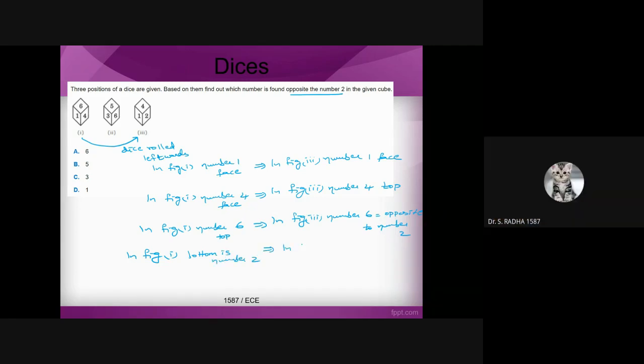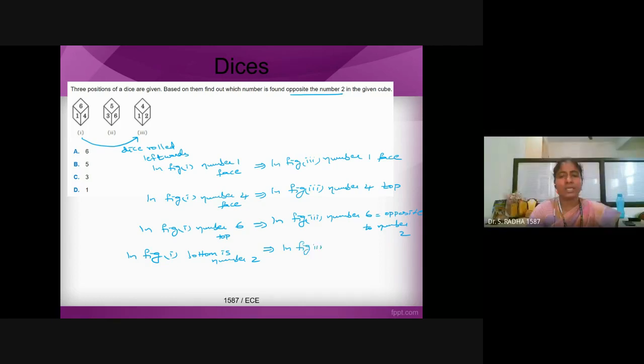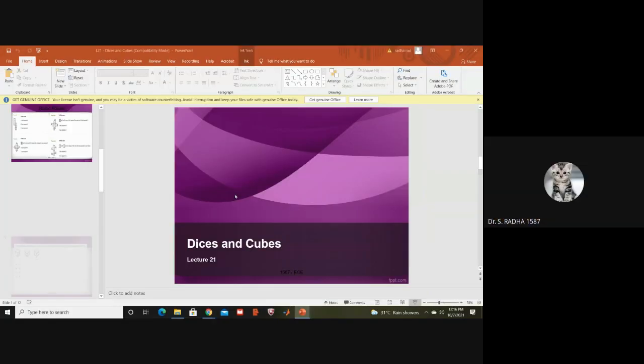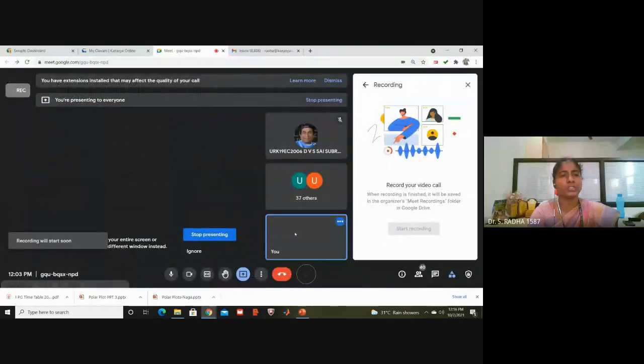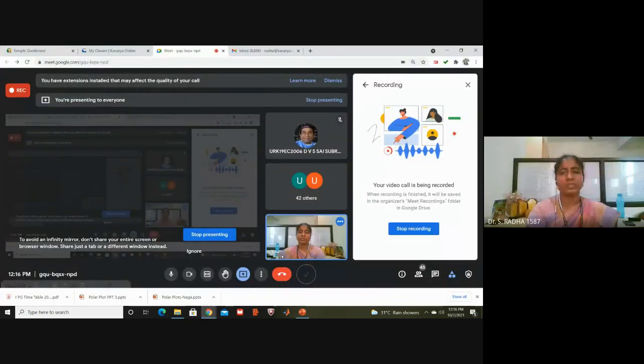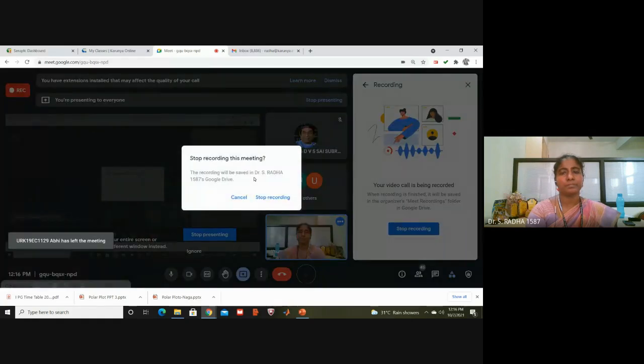When rolling takes place in figure 3, number 2 is one of the faces. So 6 is opposite to 2. Slowly, if we catch any one logic, the answer will come same. Answer is 6.